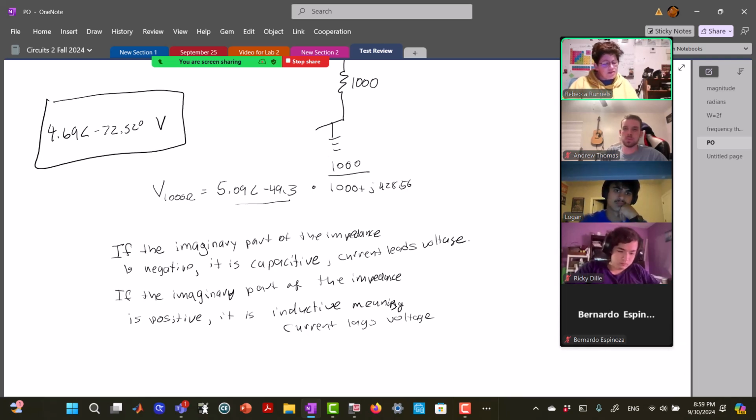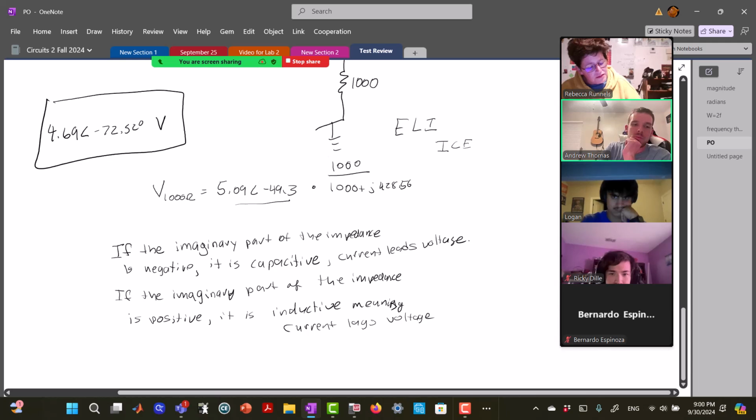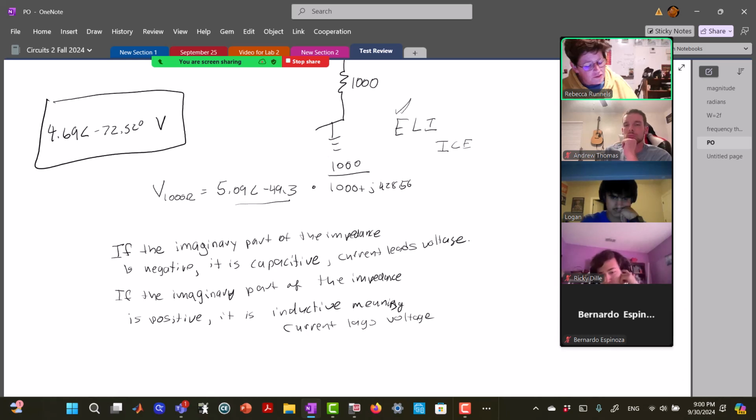Can anyone explain Eli the Iceman? Yeah, so the E would be voltage. So if it's inductive, then it would be voltage leads current. And then if it's capacitive, the current is leading the voltage because the I comes first. So E is for voltage, like EMF.